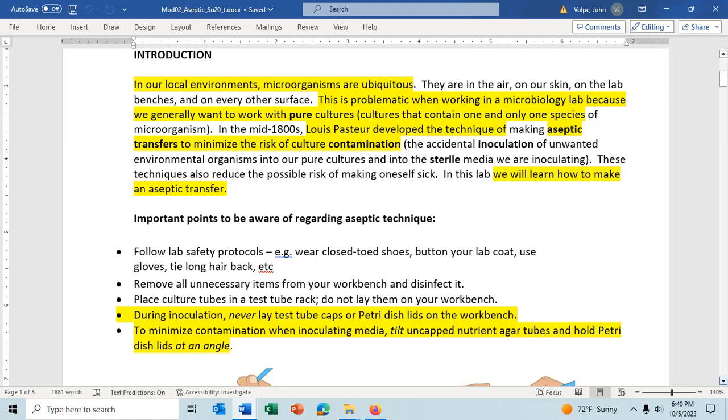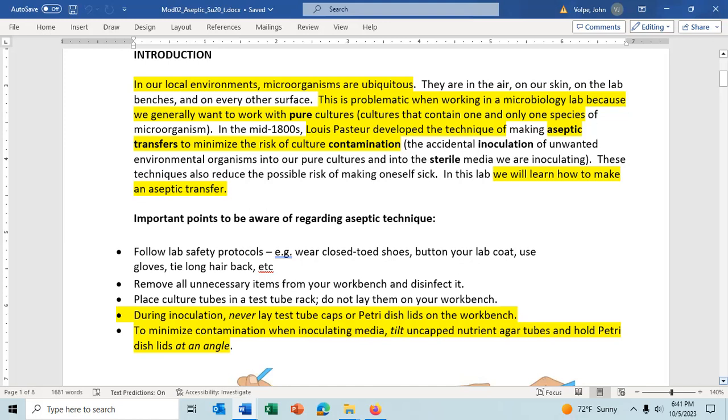And as long as you get isolated colonies, if you take the cells from one isolated colony and streak it out on a second plate, meaning those cells go through two colony isolation events, they are more than 95% likely to be a pure culture.